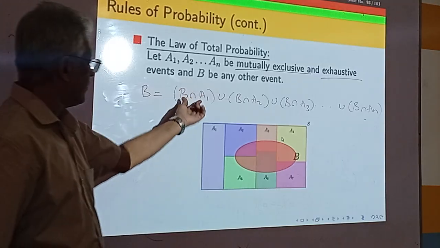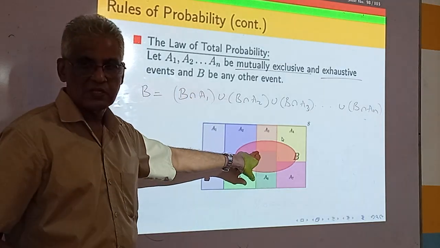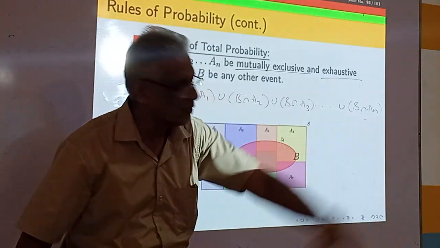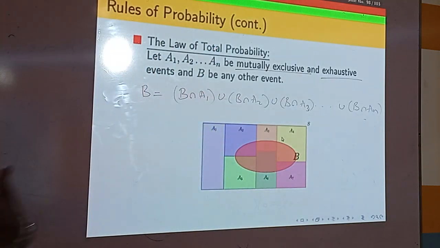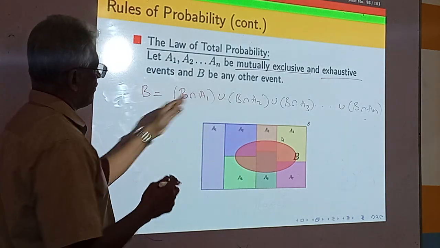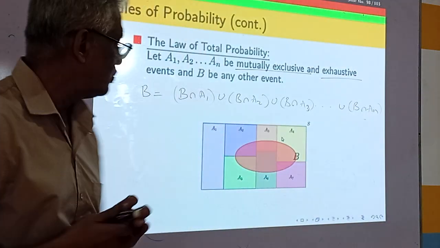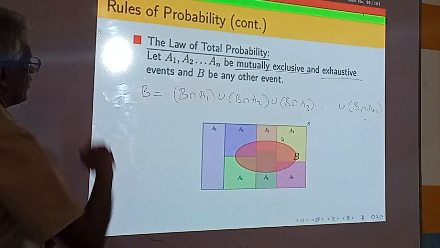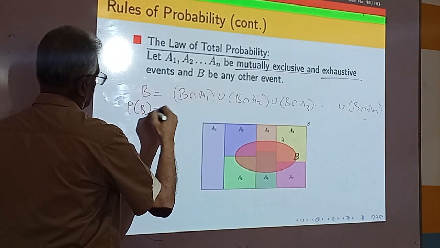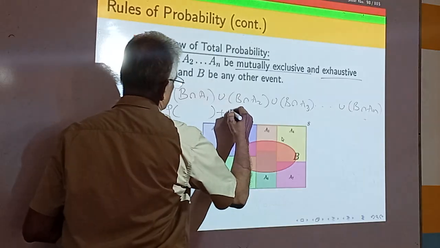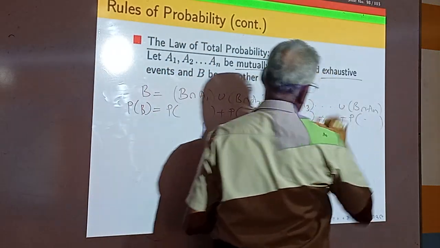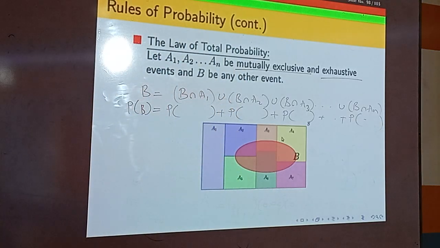Some of them may be empty, for example, A1 intersection B may be empty, but generally, when you have this kind of situation, you can write B as the union of intersections with these things. Because A1 up to An are mutually exclusive, these are also mutually exclusive. Therefore the probability of B is equal to probability of this plus probability of this plus probability of this plus probability of this, because these are mutually exclusive.